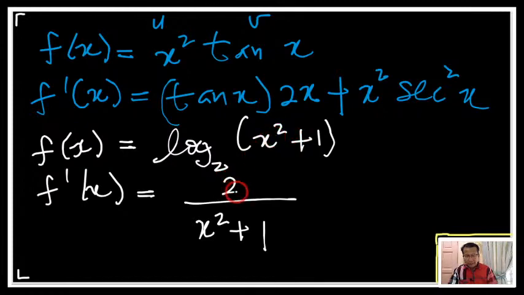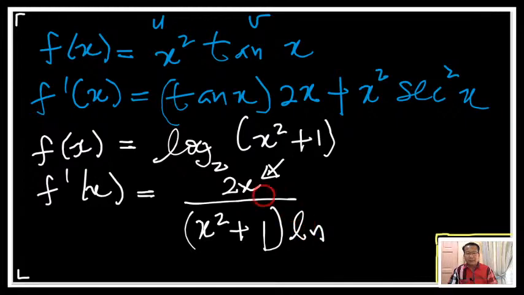So this one is 2x. And then for log, don't forget ln of 2. The 2 comes from here, this one.